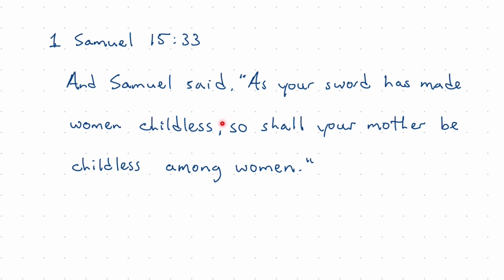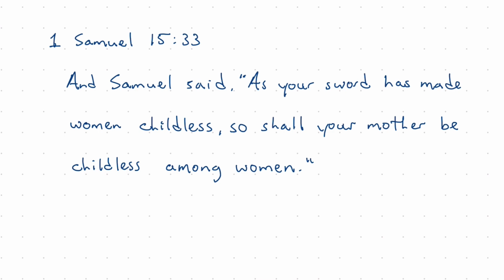And then we run into this word "so," and we notice that it comes in the sentence after the word "as." And so we have this "as-so" construction that I was alluding to when we talked about our key words. Your situation is going to be just like, to use another key word, the situation of other people.